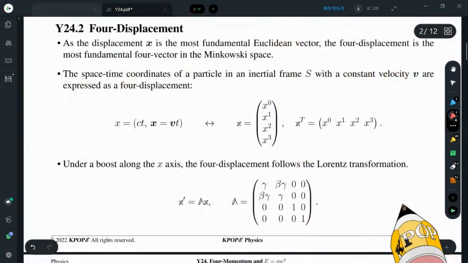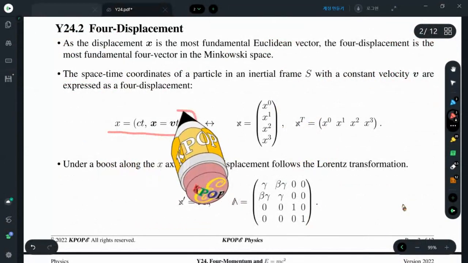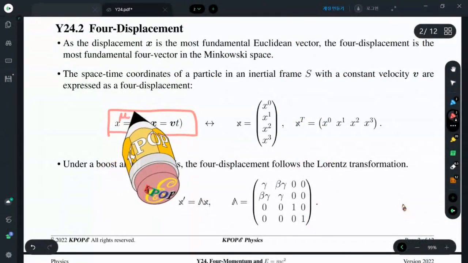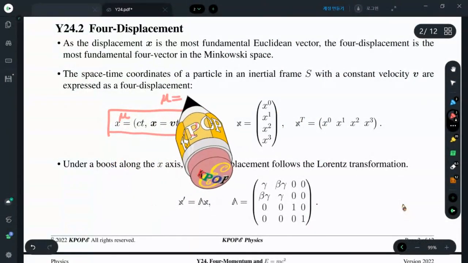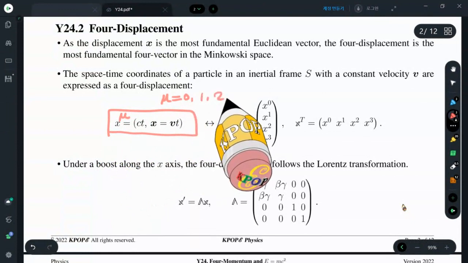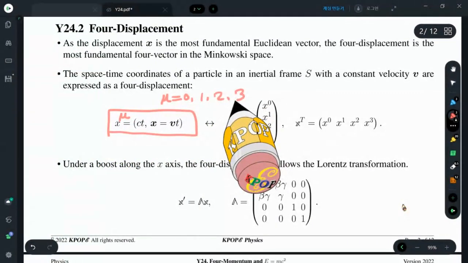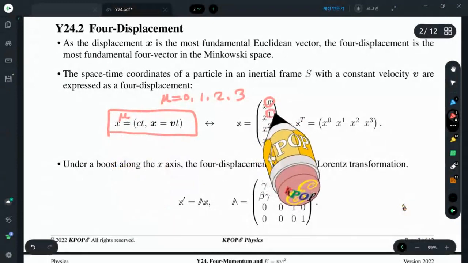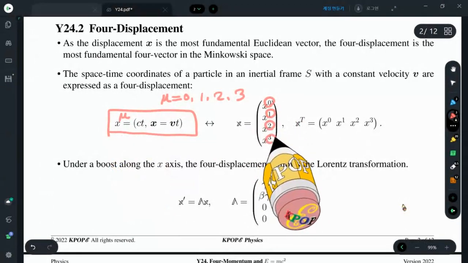First of all, we review displacement. We usually put the Greek letter μ running from 0 to 3. So we put an upper index instead of a lower index in here.